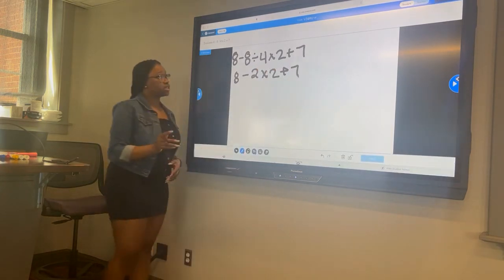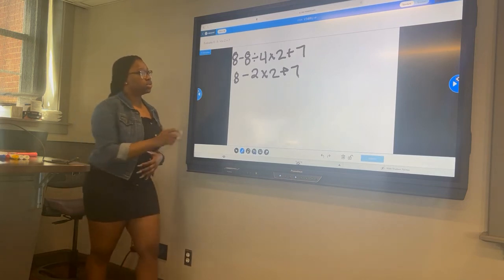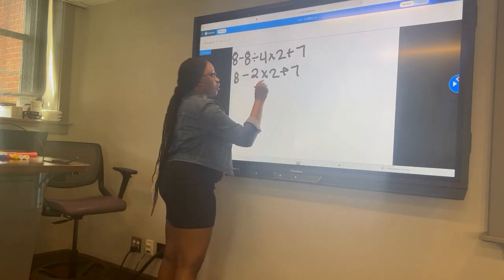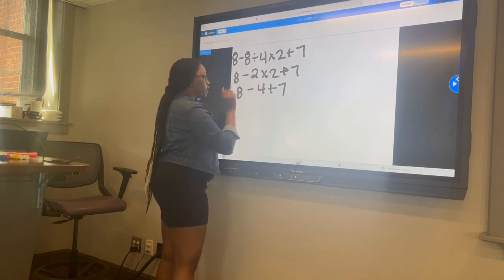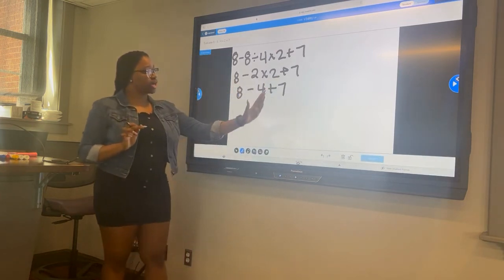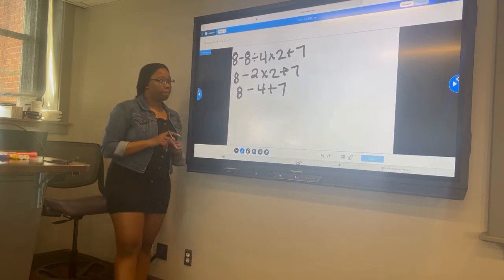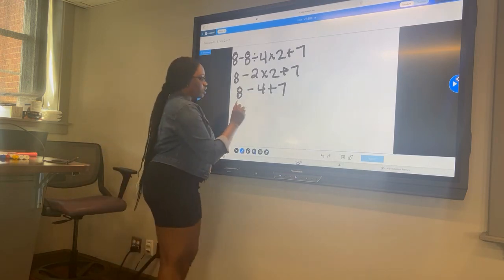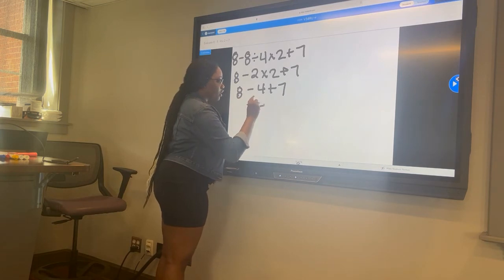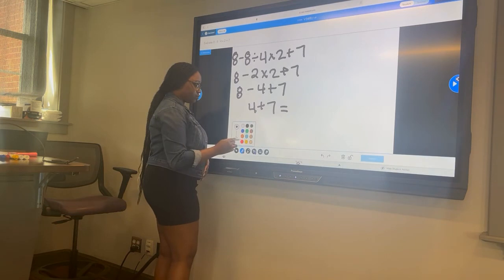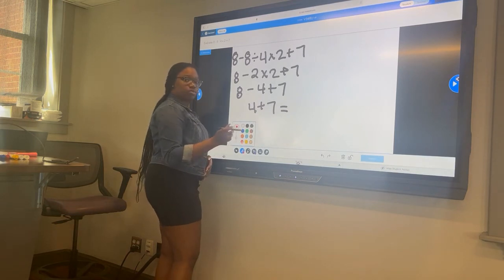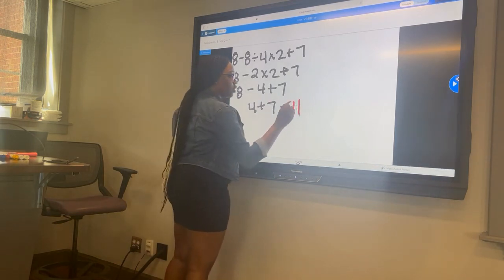What would be next? 2 times 2, which gives us 4. Plus 7 minus 8. So, going from left to right, what would we do? 8 minus 4, which gives us 4, plus 7, which is 11. Great.